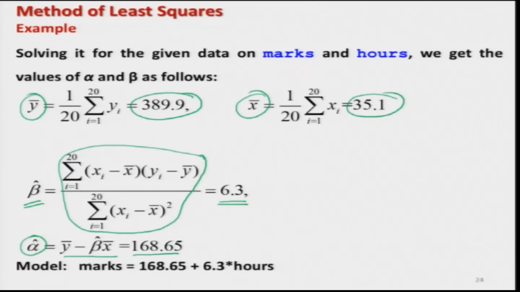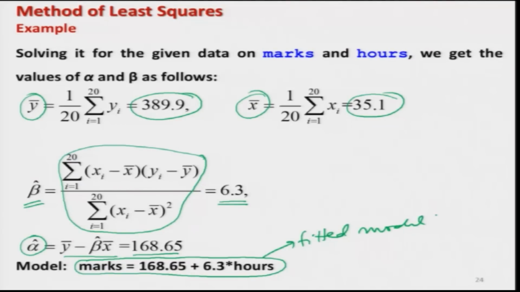So your model becomes marks equals 168.65 plus 6.3 into hours. This is your fitted model, and this model has been obtained on the basis of the given sample of data only.